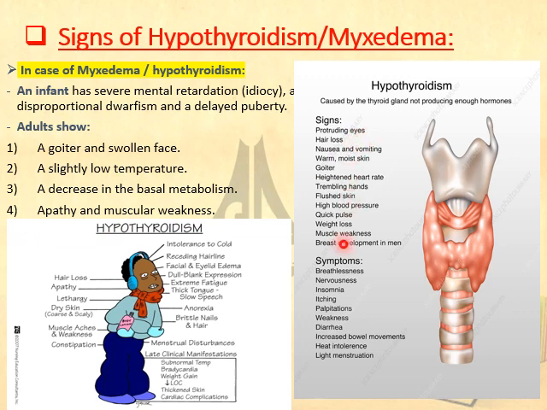And there are many other symptoms: nervousness, insomnia, itching, weakness, increased bowel movements. So these are the signs that appear on people suffering from hypothyroidism, people whose thyroid gland isn't secreting enough thyroid hormones in order for our body to function properly.